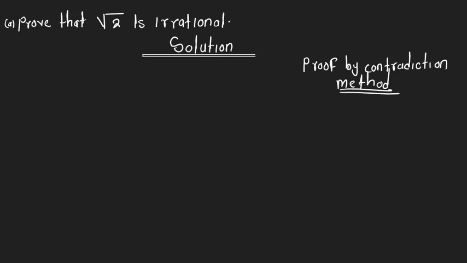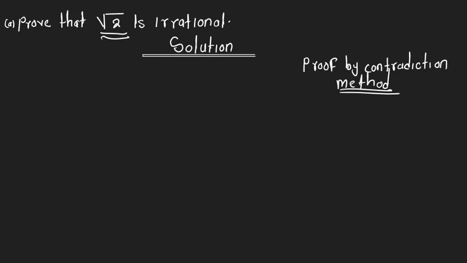What does it say? Proof by contradiction method is where we contradict that actually root of 2 is not irrational. Instead, it is rational. Okay?